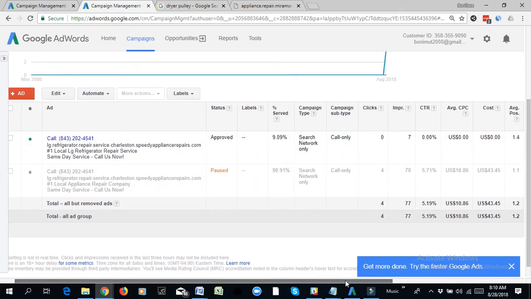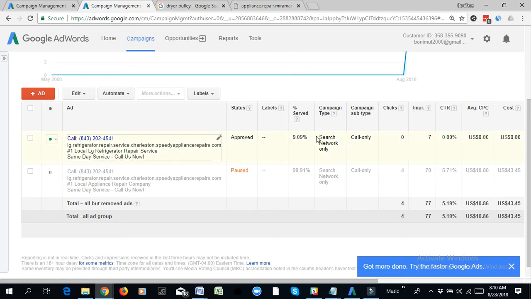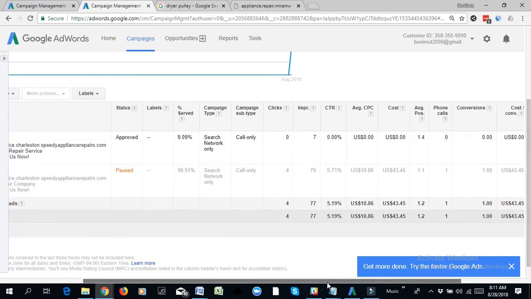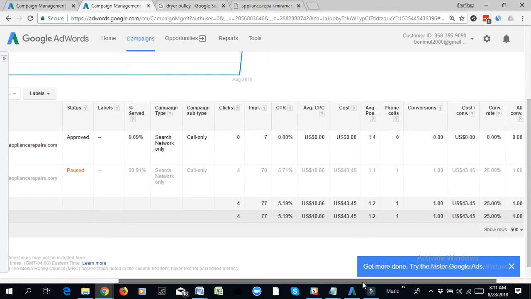So in this case, the first ad appears to have been recently created in order to make it better than what we had here, what we paused here. Looking at what we paused, we paused an ad here, and we need to see why we paused it.